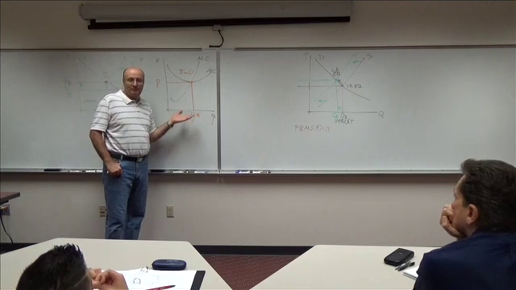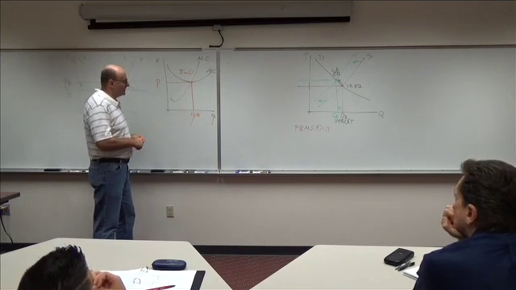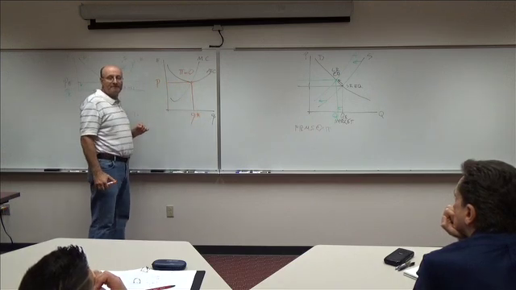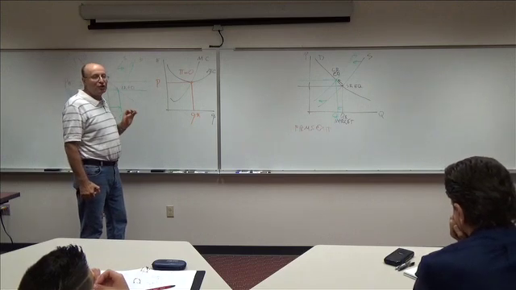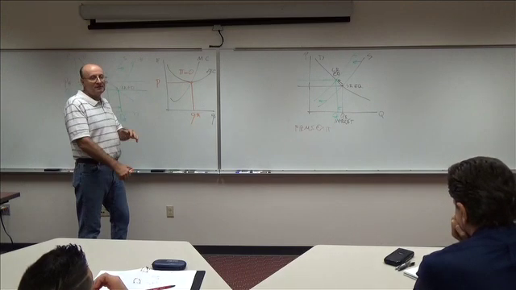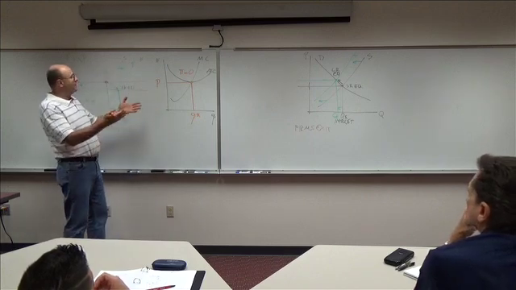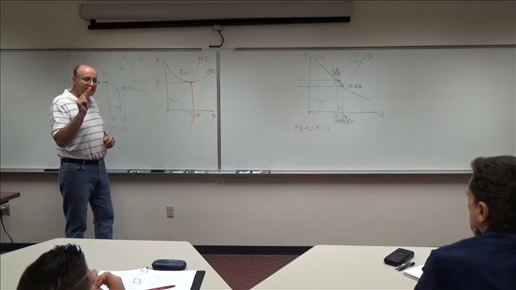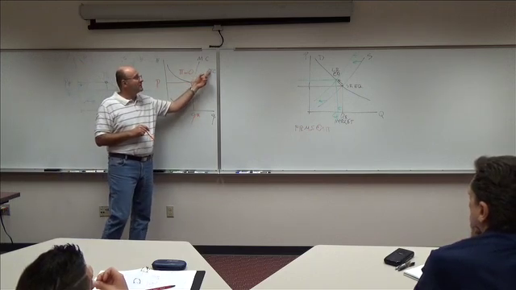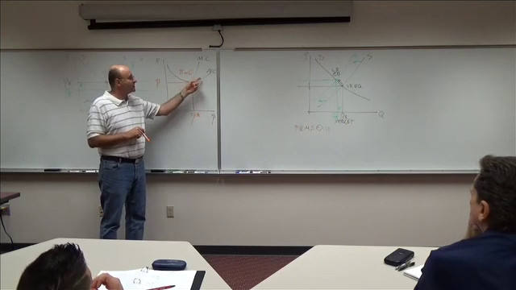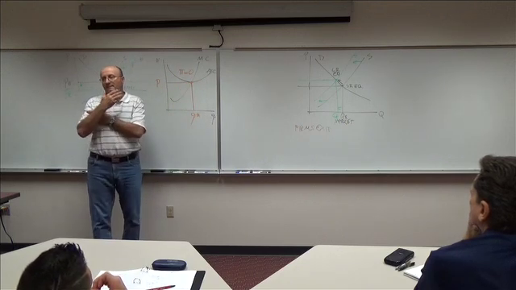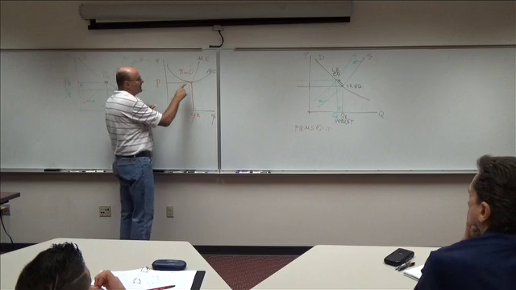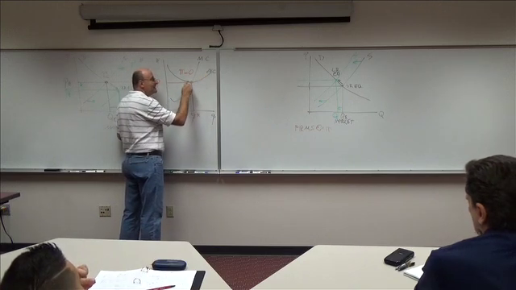If your typical firm, your typical pizza place, bakes this many pizzas at this price, what can you tell me about the cost of baking those pizzas? Well, there's the marginal cost, there's the average total cost. Let me focus your attention on average total cost. What can you tell me about the average total cost of baking that quantity of pizzas? What's special about this point along the ATC curve?